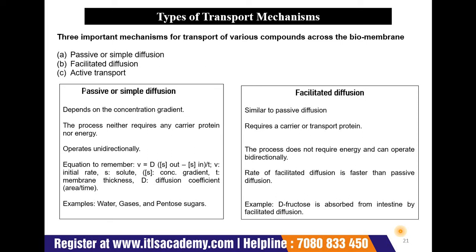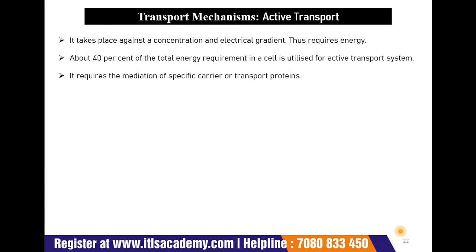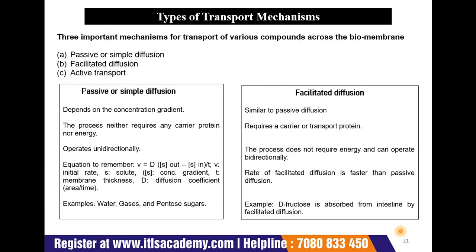Now, what are the differences between passive or simple and facilitated diffusion? Passive depends on the concentration gradient. Facilitated is similar to passive. In passive, this process does not require any carrier protein or energy.